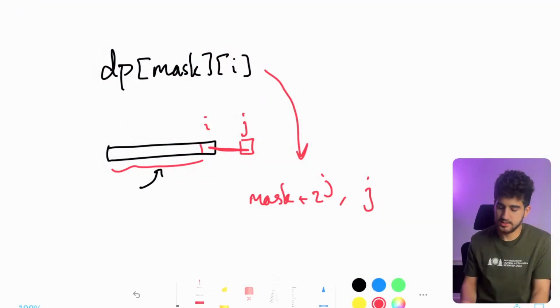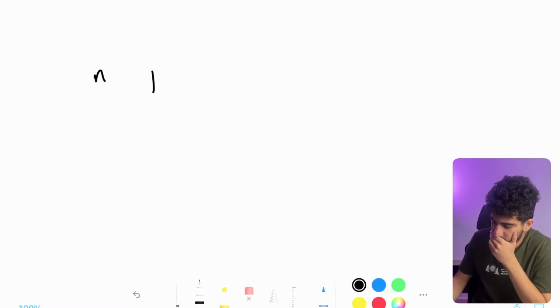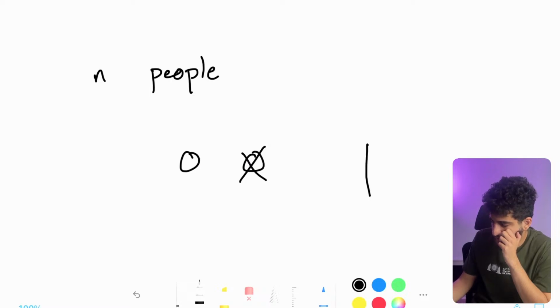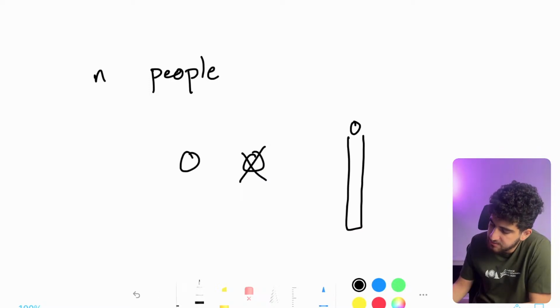So we have a tournament with N people. Initially, two people fight with each other and one of them kills the other one. And then we have a queue. All the other fighters are in a queue. The next person in the queue comes and fights with the person who remains alive.